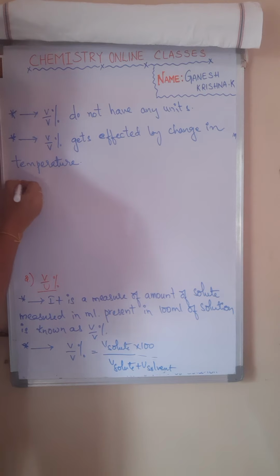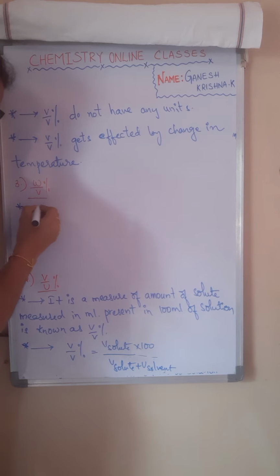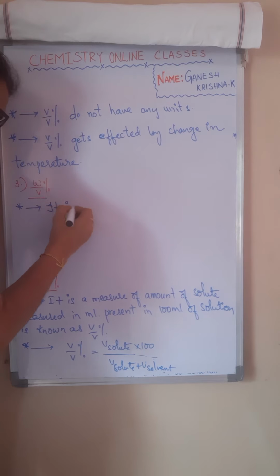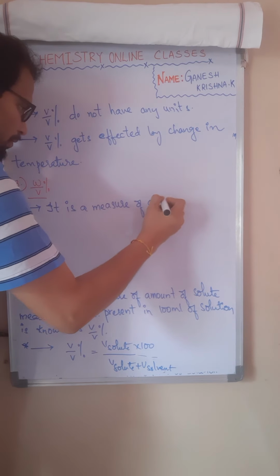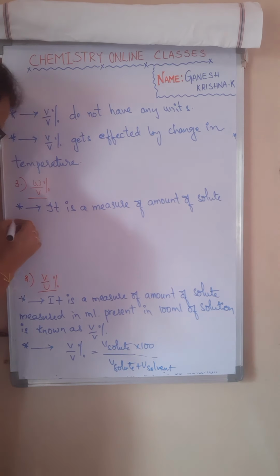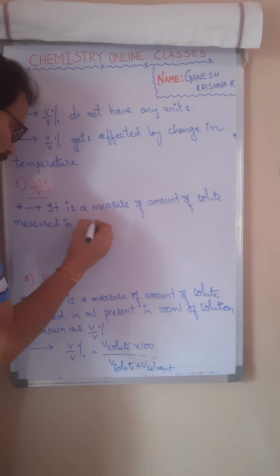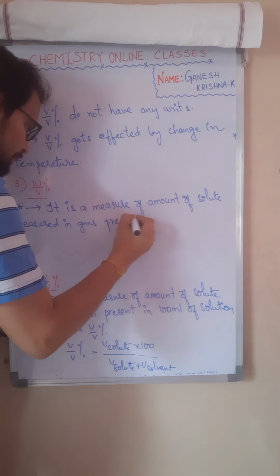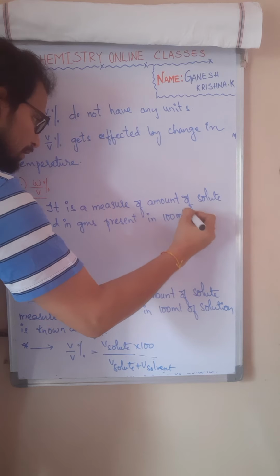The third one, you can see, is weight by volume percentage. So what is meant by weight by volume percentage? Weight by volume percentage is defined as a measure of the amount of solute, measured in grams, present in 100 ml of solution.